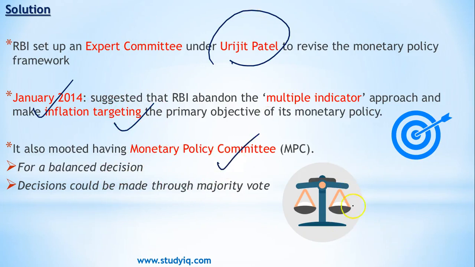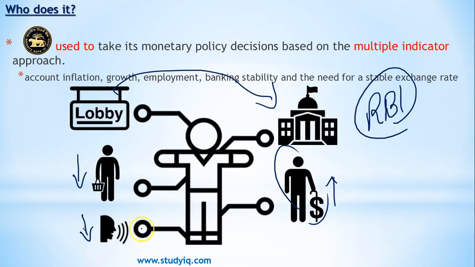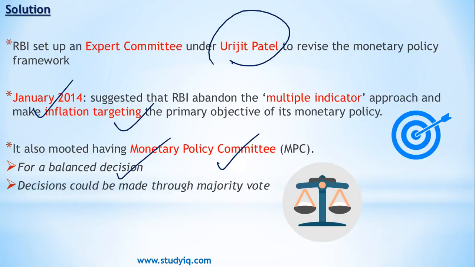Now, what this monetary policy committee is, it has many members in it, right? One of the main reasons suggested under this report was for a balanced decision, so that we don't have this sort of situation, where government and all different stakeholders come to RBI and lobby it, and finally RBI is convinced that interest rate should be brought down.